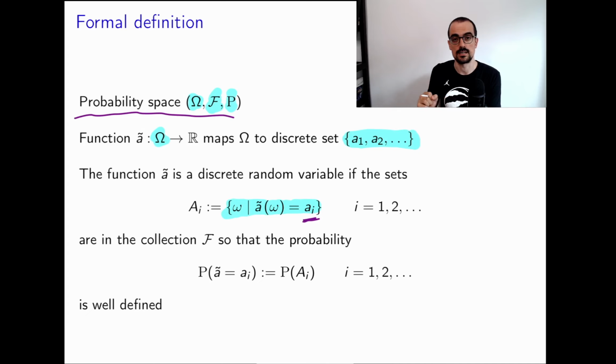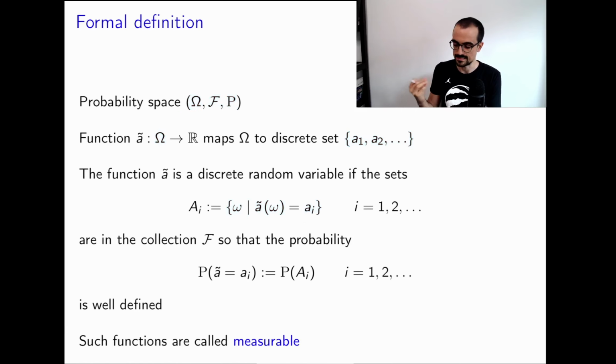We cannot, for example, define the probability mass function, or talk about the probability that the random variable has that value. So we impose it in the definition. For a discrete random variable to be valid, it has to be true that these events are in the original probability space. And mathematically, if you want the fancy term for this, it means that this function is measurable.